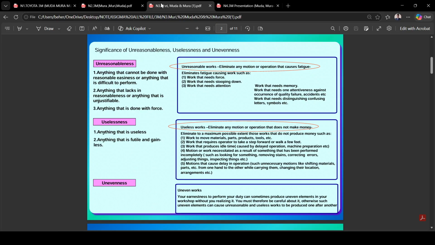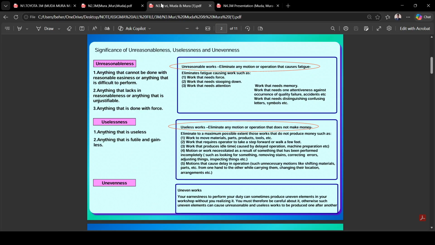Third, work that produces idle time caused by delayed operation, machine preparation, etc. Fourth, motion or work necessitated as a result of something that has been performed incompletely, such as looking for something, removing stains, correcting errors, adjusting things, inspection, etc.